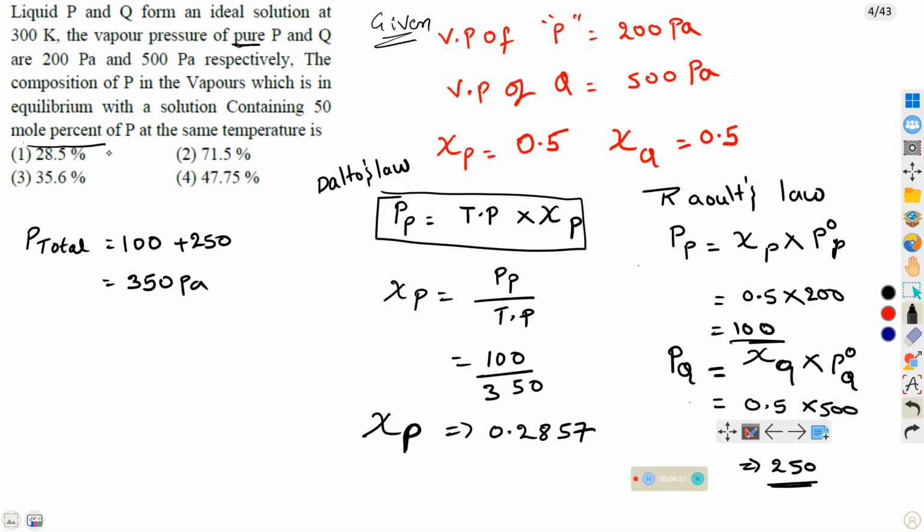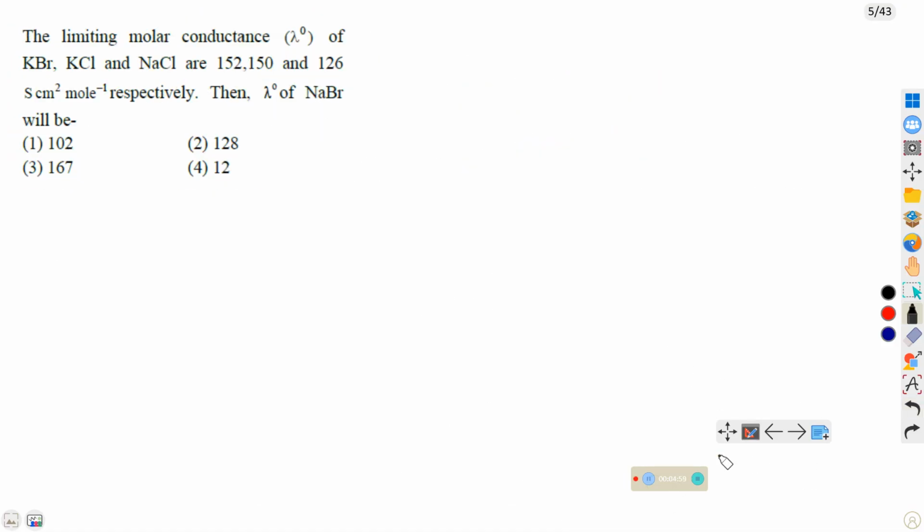But here percentage is the question. Mole percent of P is equal to 0.2857 into 100, that is equal to 28.57%. First option correct.